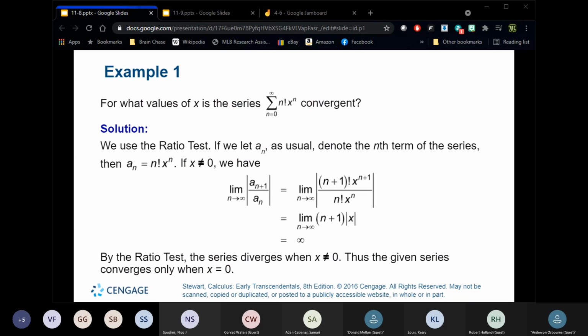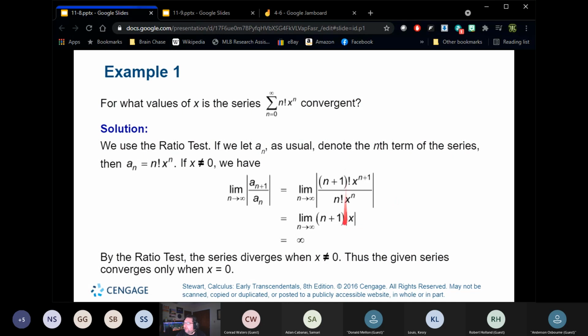Let's look at the ratio test. We have a sub n plus 1 over a sub n. So I have n plus 1 factorial times x to the n plus 1, and then n factorial times x to the n on the bottom. When we simplify this out, remember n plus 1 factorial changes to n plus 1 times n factorial.